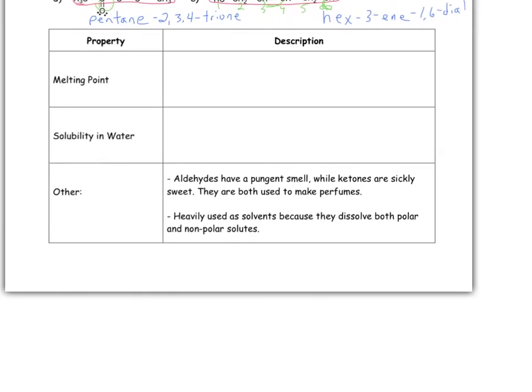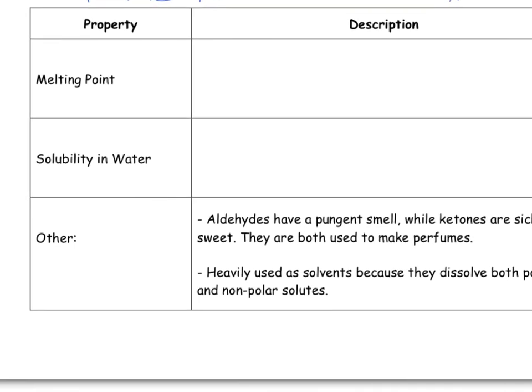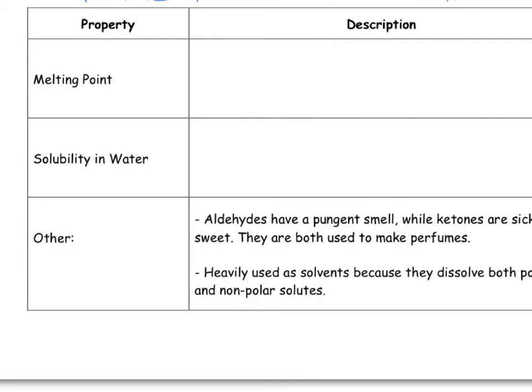Properties of aldehydes and ketones. Because they have the same functional group, they roughly have the same melting point and solubility in water. Carbonyl functional groups are polar, which means that aldehydes and ketones can have dipole-dipole interactions with each other. This increases the melting point of an aldehyde or a ketone compared to an alkane.